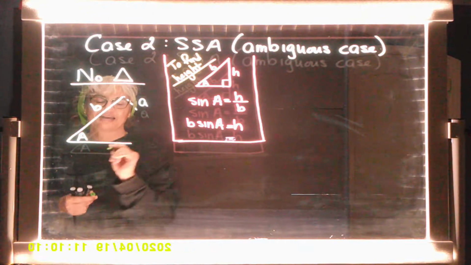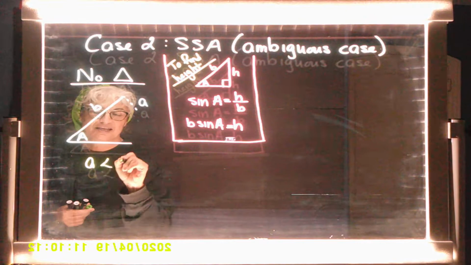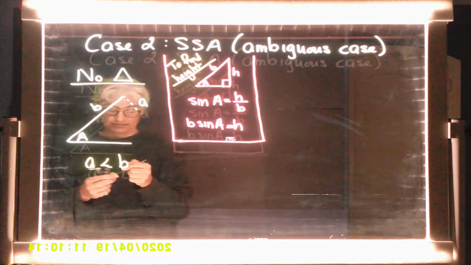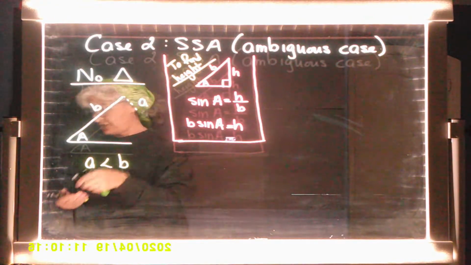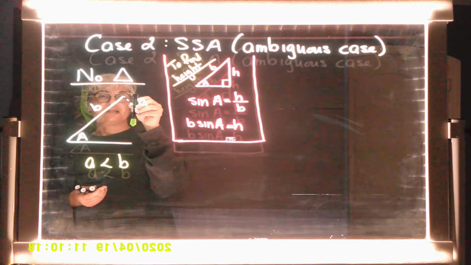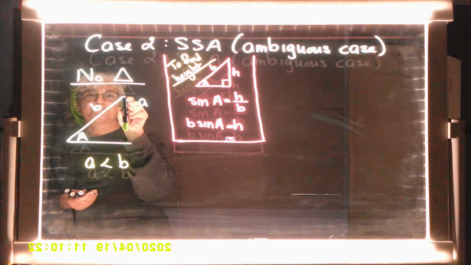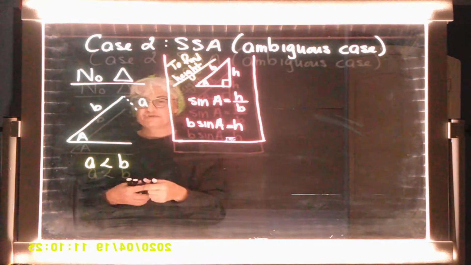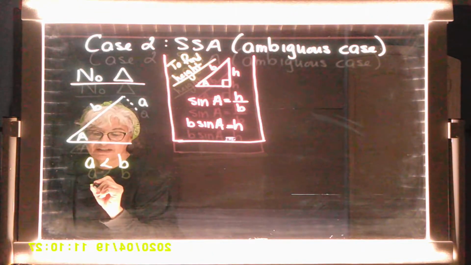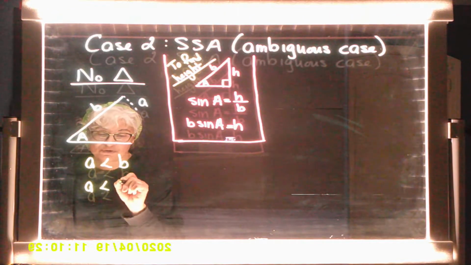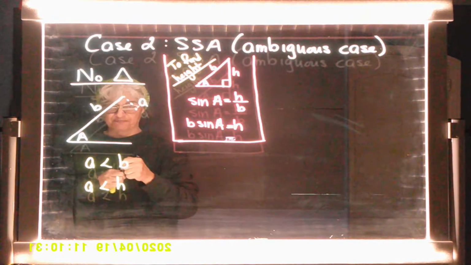If this side A is less than side B, okay? So if you allow me, this would be side A. It is definitely less than side B, isn't it? The other piece of information is if side A is also less than the height.